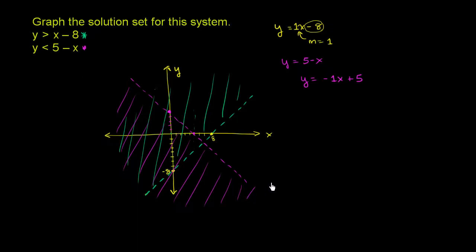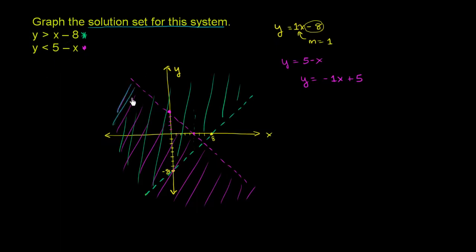And like we said, the solution set for the system is all of the x's and y's, all of the coordinates that satisfy both of them. So all the shaded in purple satisfies the second inequality. All the shaded in green satisfies the first inequality. So the stuff that satisfies both of them is their overlap.